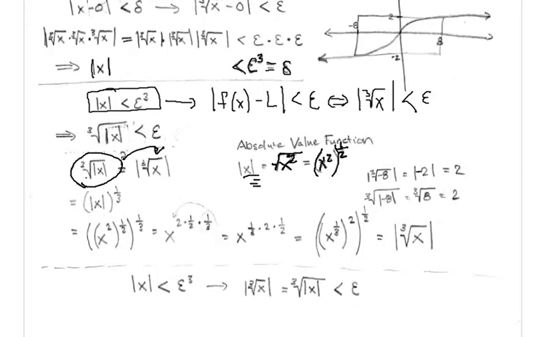So the cube root of the absolute value of x is the same thing as saying the absolute value of x to a 1/3 power. The absolute value of x is the same thing as saying find the square of x, then take its square root. So we'll replace absolute value of x with this definition that's all in terms of exponents and powers.